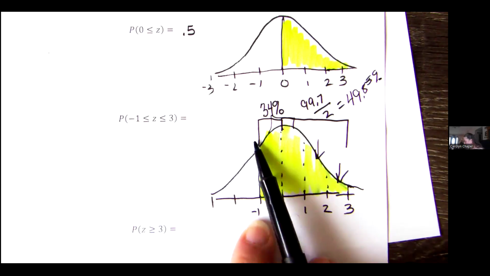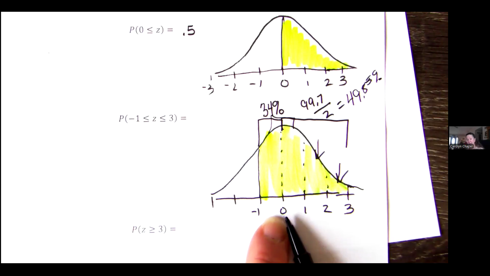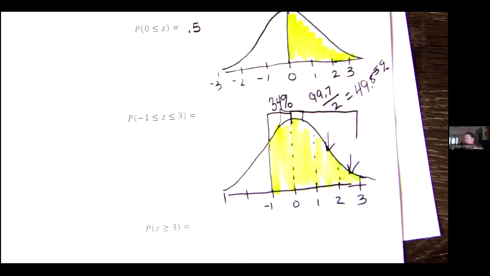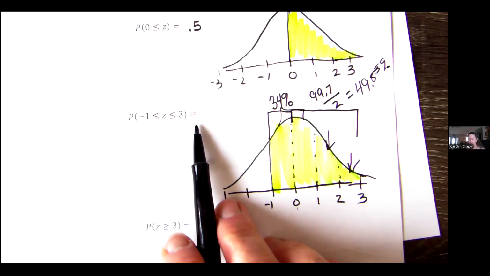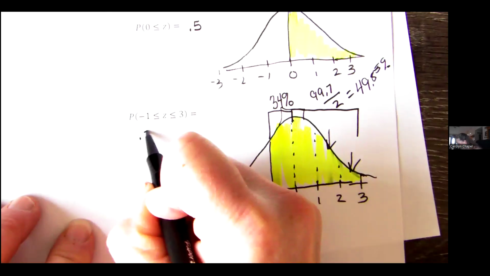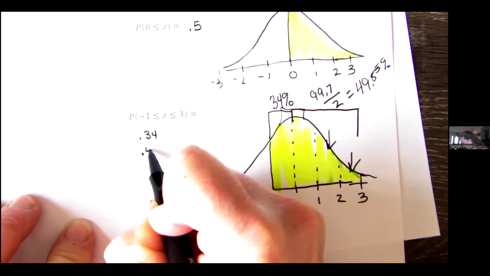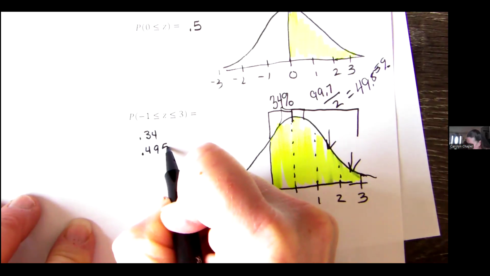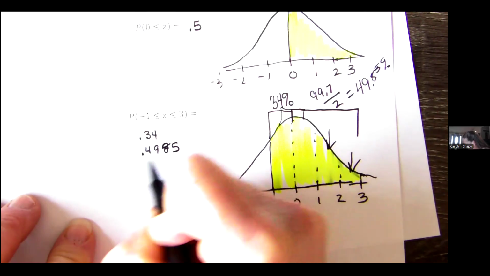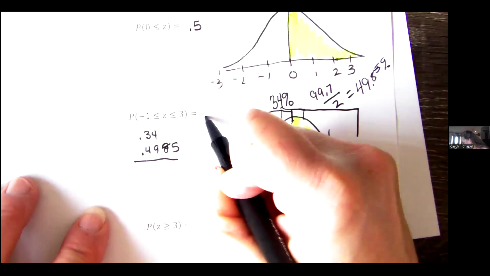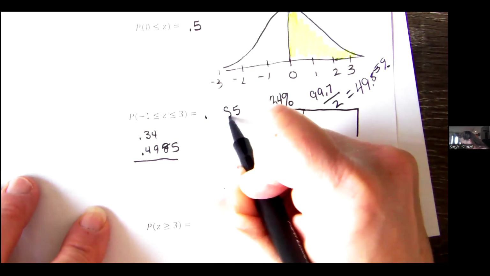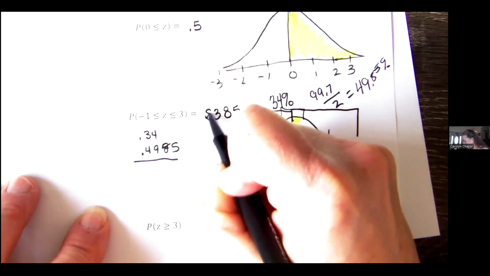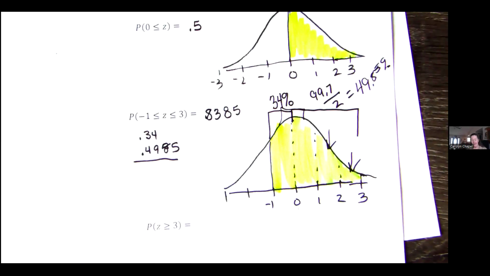And now thinking in terms of probability, probability is the area under the curve from here to here. I need that total area from -1 to 0, and then again from 0 to 3. So I'm going to add those two pieces together. Since I'm talking about a probability, I will do it in decimal form. So I will have 0.8385 if I add those two together.